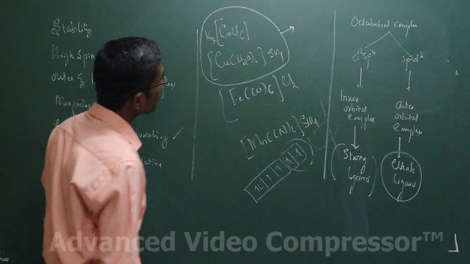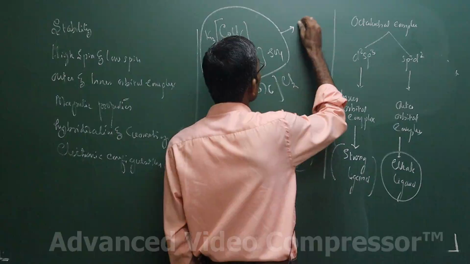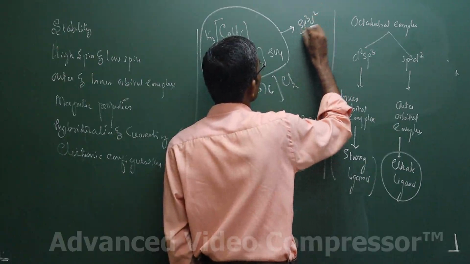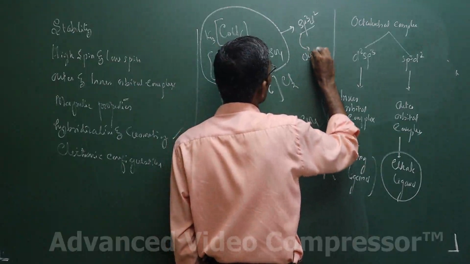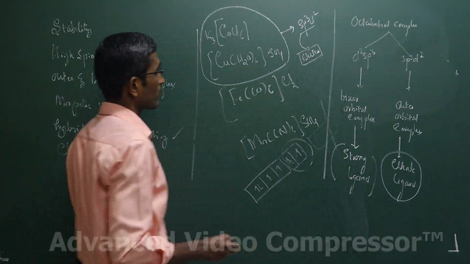Can I say in these two complexes, the hybridization is sp3d2, and this particular complex is an outer orbital complex, very important, right?